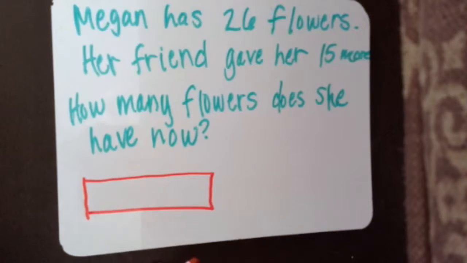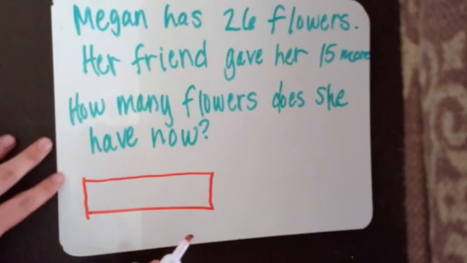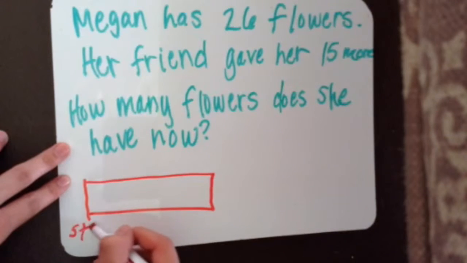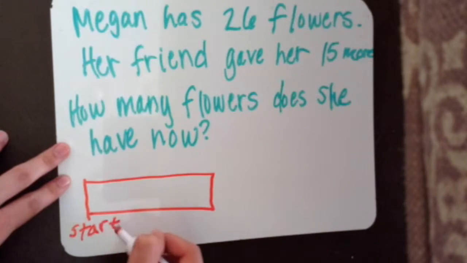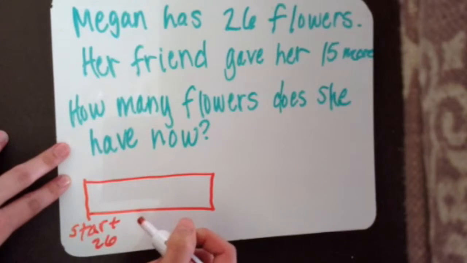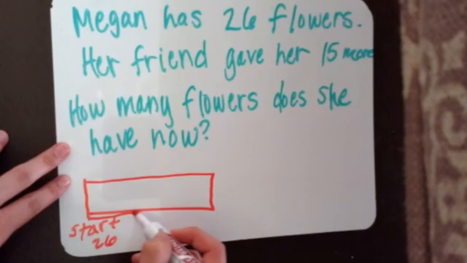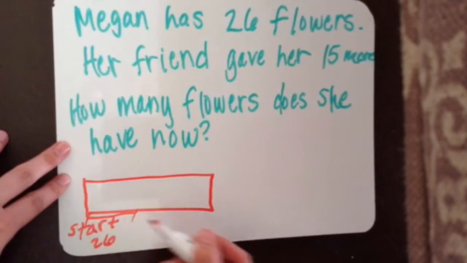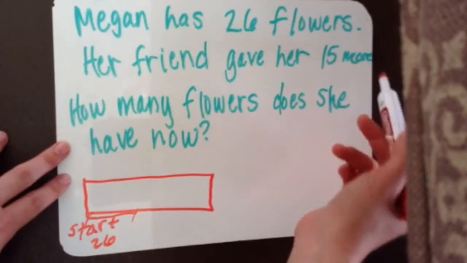We know that Megan starts with 26 flowers. The change is when her friend gave her 15 more.